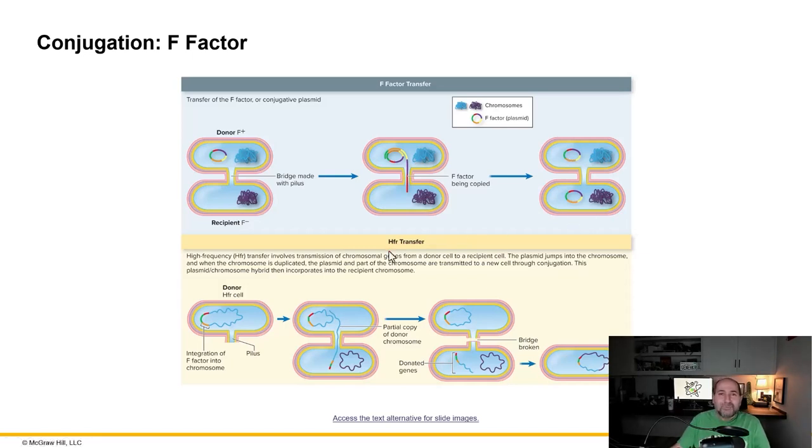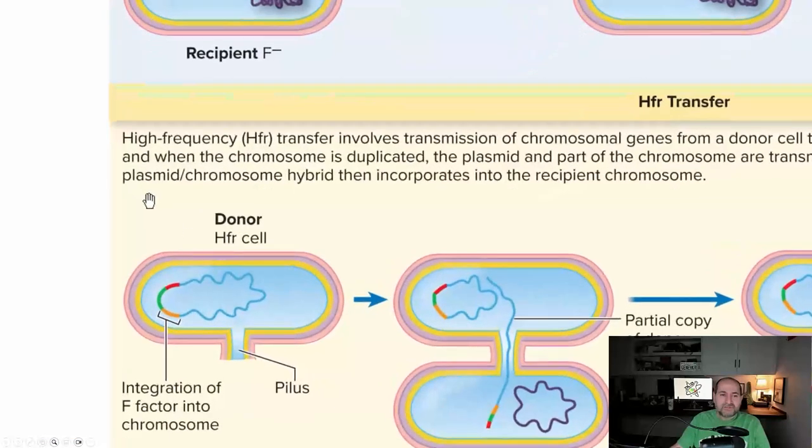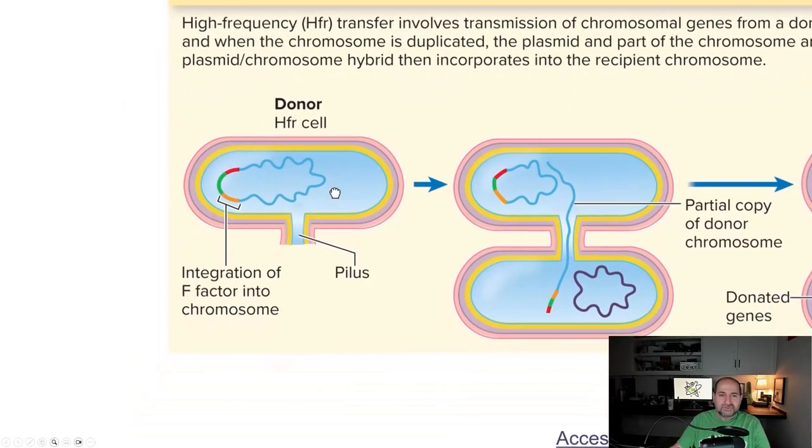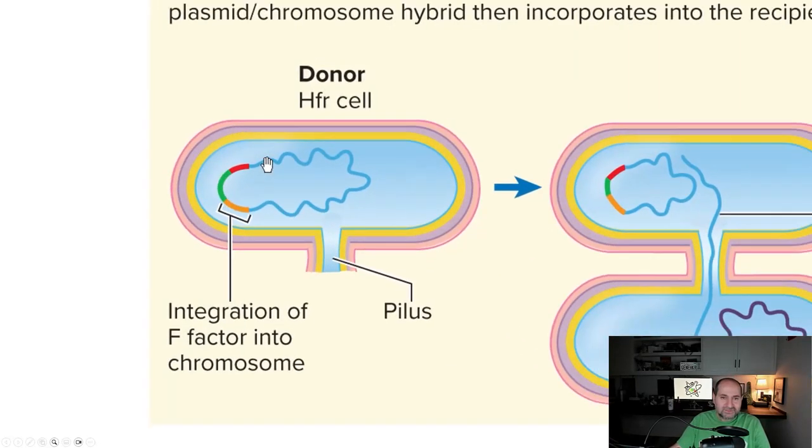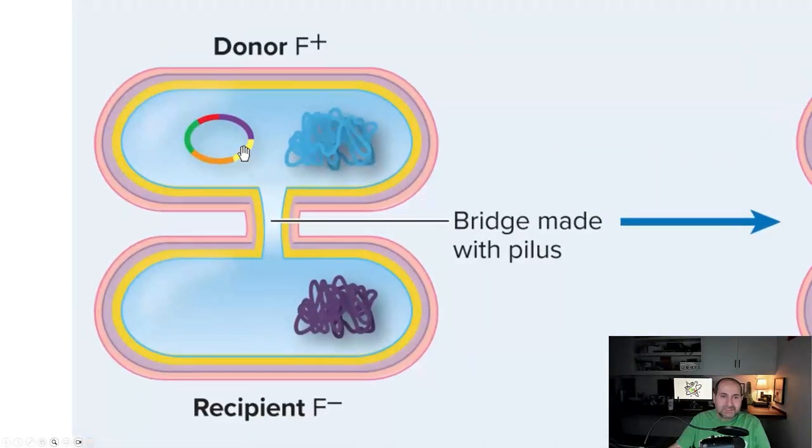All right, how is this different from HFR transfer? First of all, what is an HFR cell? HFR stands for high frequency of recombination cell. So a cell that is called an HFR cell is a cell where something special has happened. Look at this. I want to show you something.